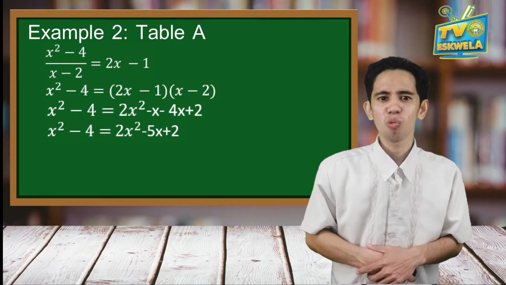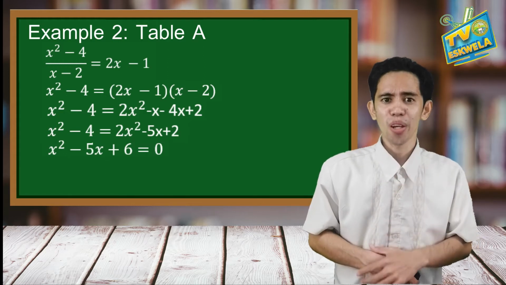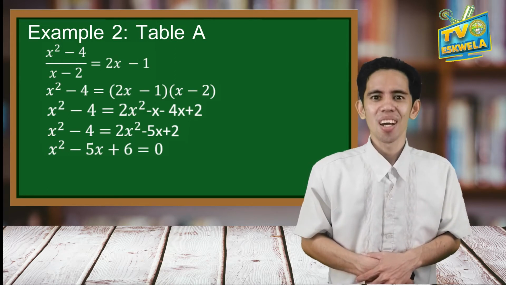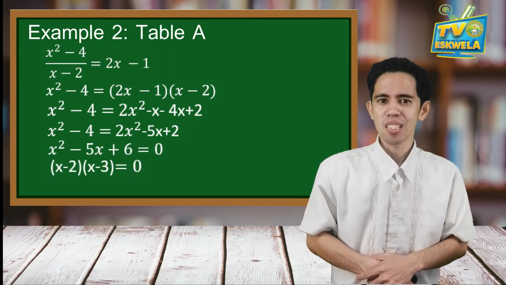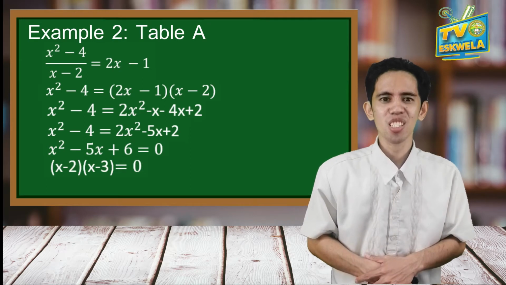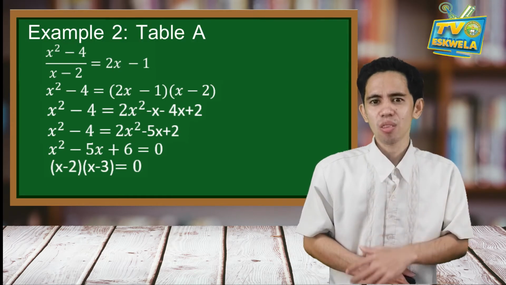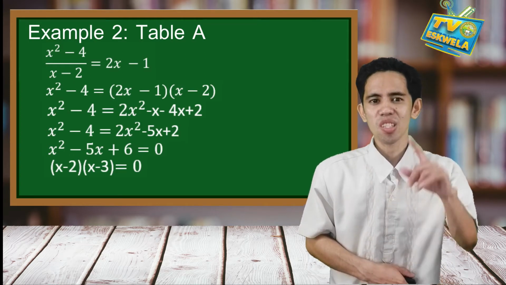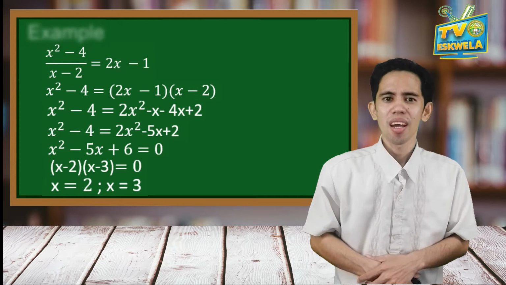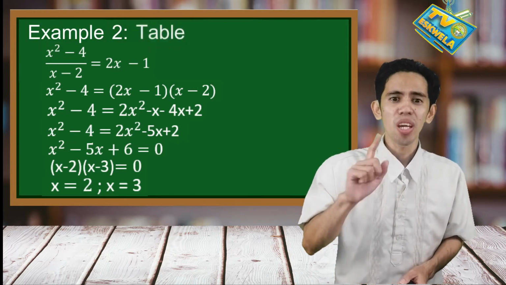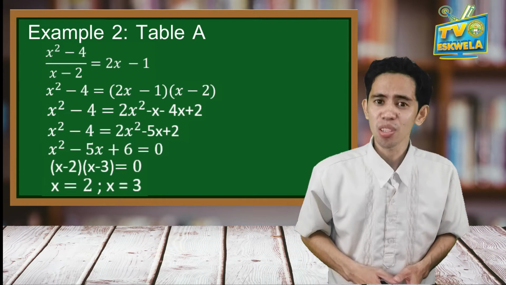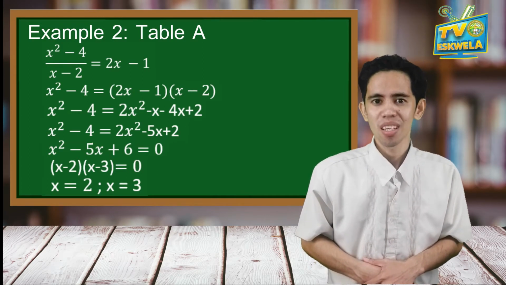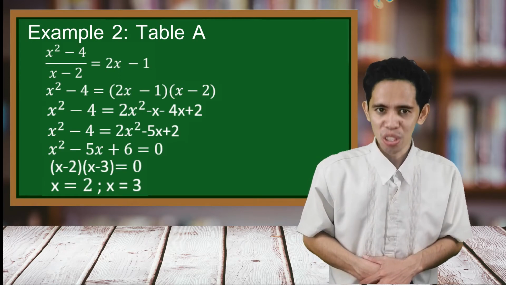Simplify and we come up with x squared minus 5x plus 6 is equal to 0. The factors of this equation are x minus 2 and x minus 3. Then equate each to 0 using the zero property of equality, and that is x is equal to 2, x is equal to 3, with specific numerical values. And we can say that the given example is a conditional equation.